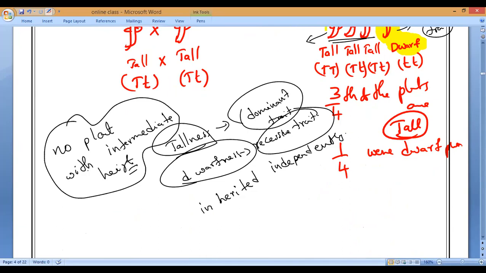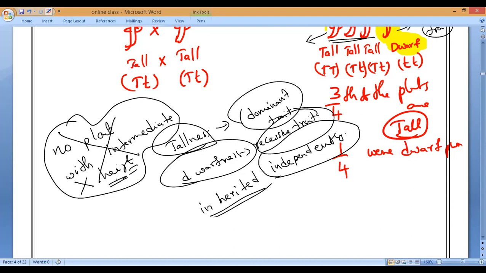If tallness and dwarfness had mixed up, then only intermediate plants would come. So if no intermediate plants are coming, it means they are inheriting independently, not depending on each other. If they were depending on each other, definitely a medium plant should come.